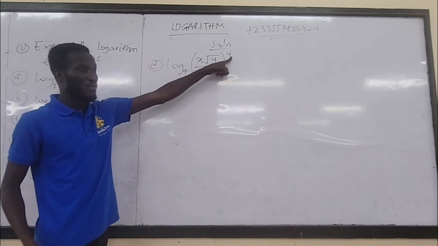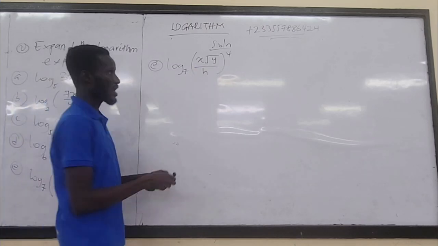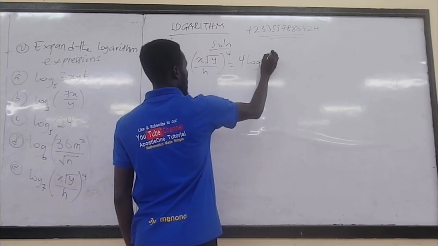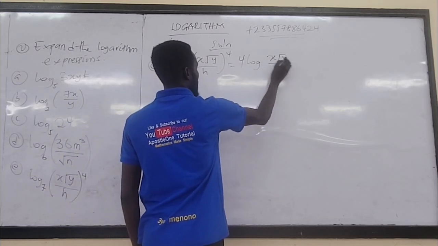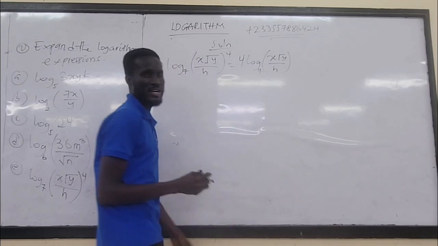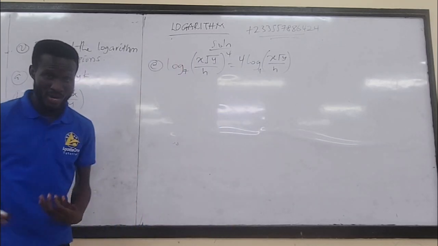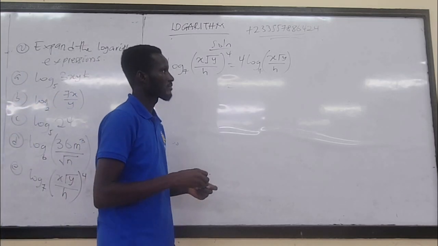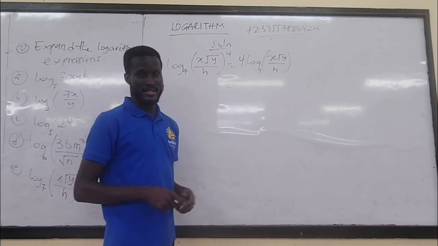So I bring the exponent to the front of the log. So you are going to get 4 log x root y divided by h base 7. Because if I don't deal with the power, I can't deal with the one inside. Yes. Now at this point, they are divided.